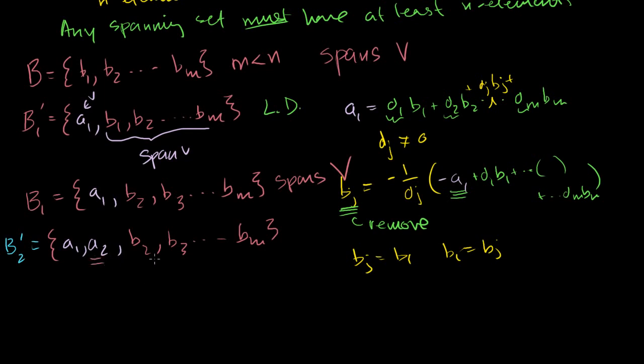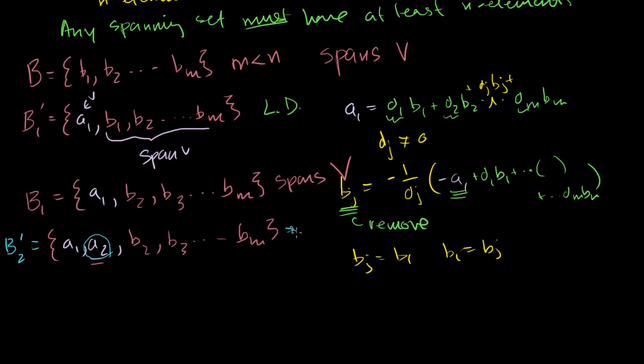But this is definitely linearly dependent. Remember, I didn't say in the beginning whether this was linearly dependent or not. It may or may not be. But when you add this other vector that's in V, you definitely know that you're linearly dependent, because these guys can construct that guy. Similarly, we know that this vector, B1, spans V. So when we add this new element here, we know that it can be written as a linear combination of the other ones.